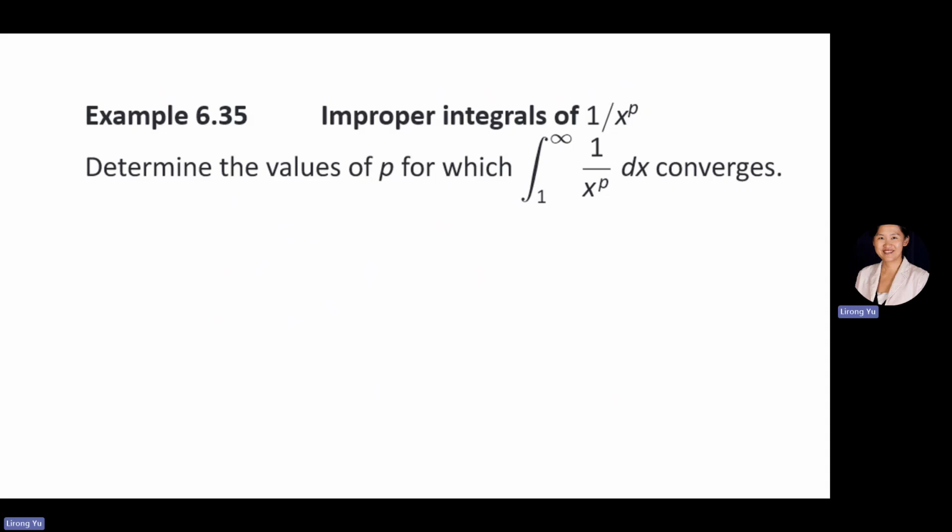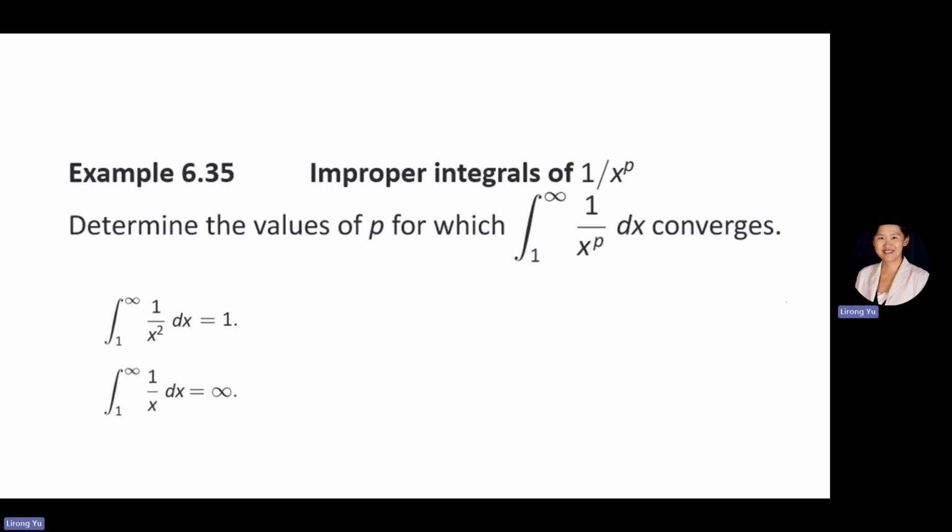You can do that by a lot of graphing, or you can do that by a lot of examples. We already have 2 examples. Number 1, the integral from 1 to infinity of 1/x² is equal to 1. Number 2, we already have the example that if you're integrating from 1 to infinity of 1/x, that equals infinity. So basically if p equals 1, the integral diverges.